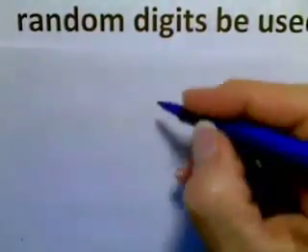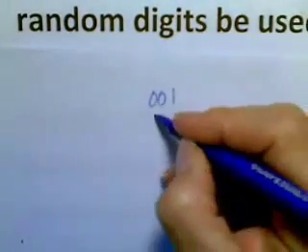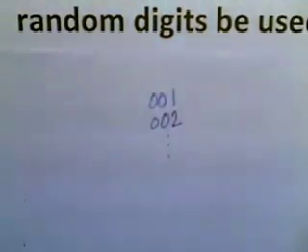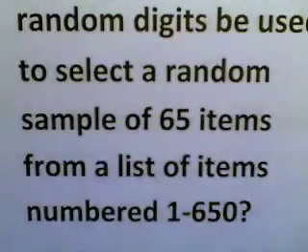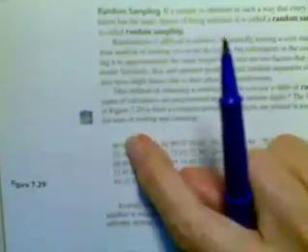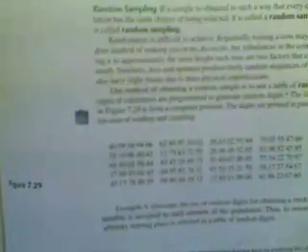So 1 would be 001, 2 would be 002, and so on. This random number table is divided into 2s, but I now will be challenged to group them by 3s. If it's helpful to you, you can go down the column. So let's do that. Let's go down.